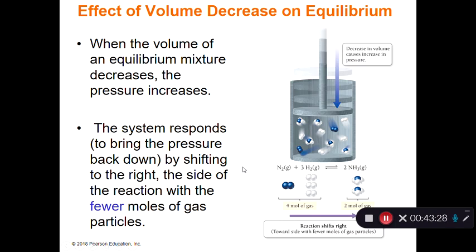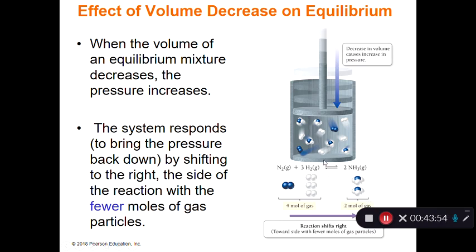If the volume is decreased, the system shifts toward the fewer moles of gas. Volume decreases, so system shifts to fewer moles of gas. In this example, shift to the right.